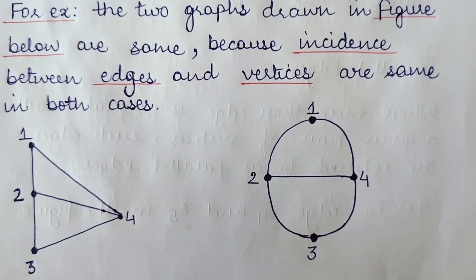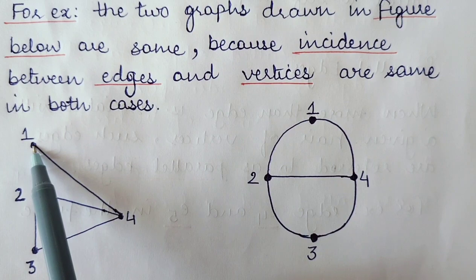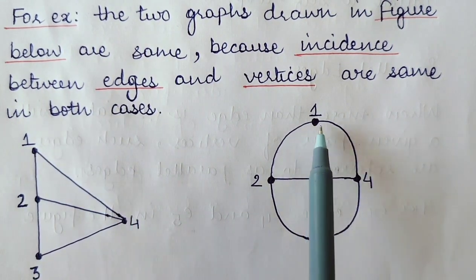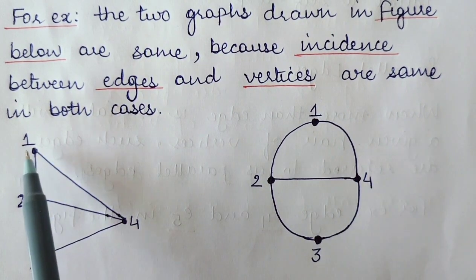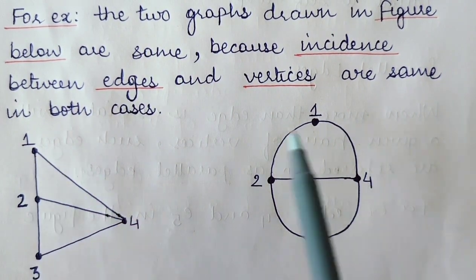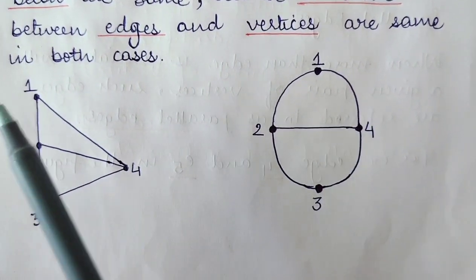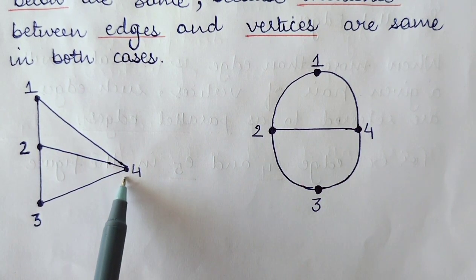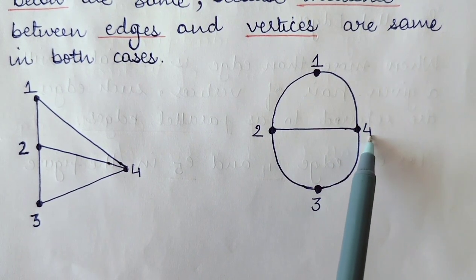For example, you can see this particular vertex pair 1 and 4 has a common edge. Then 1 and 4 has an edge here also. Then there is an edge between the vertex pair 1 and 2, and there is an edge between the vertex pair 1 and 2 here also. Then there is an edge between the vertex pair 2 and 4 in this graph, and so is there in the other graph.